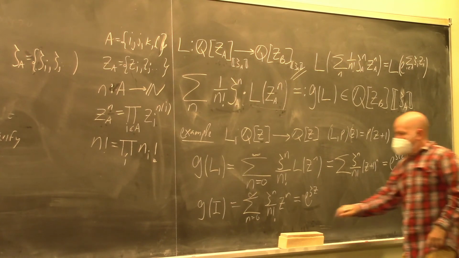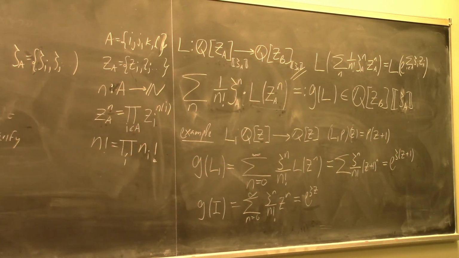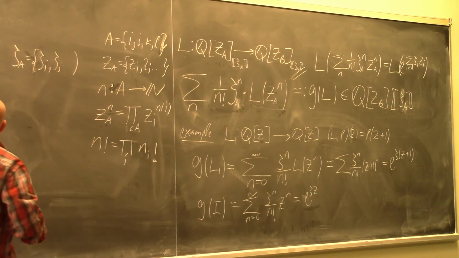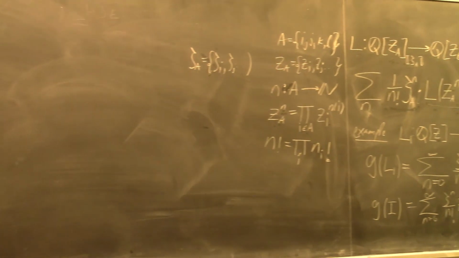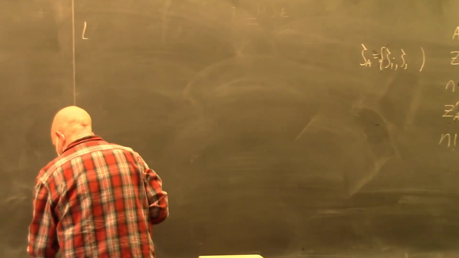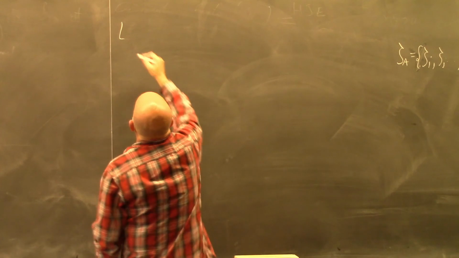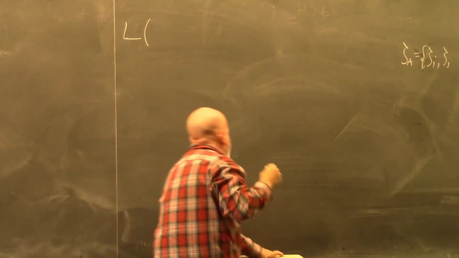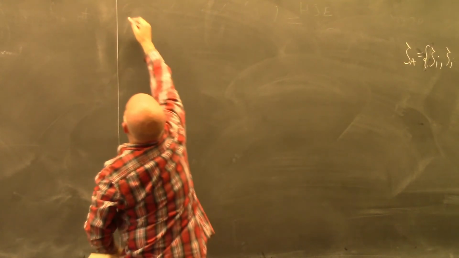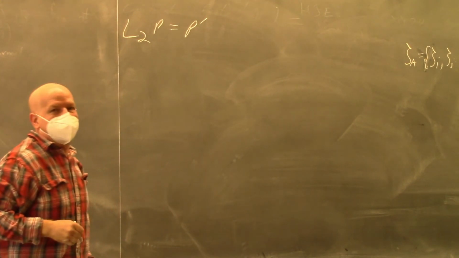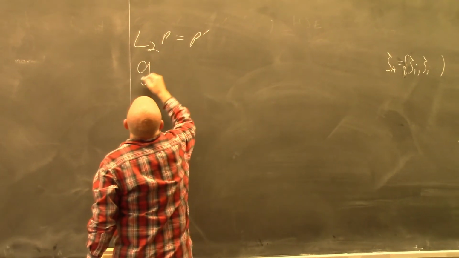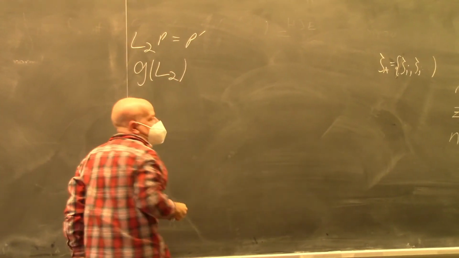Okay? So maybe I'll do one more example. Yeah, I have time for one more example. What is the generating function of the map between polynomials? Let's say L2 of a polynomial is the derivative of that polynomial. So what is the generating function of L2?